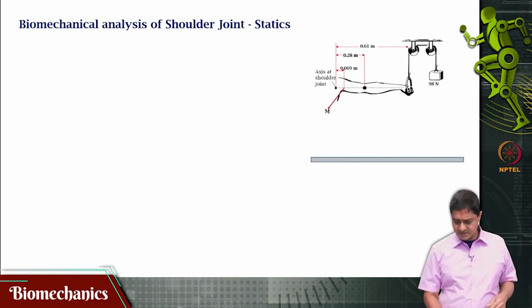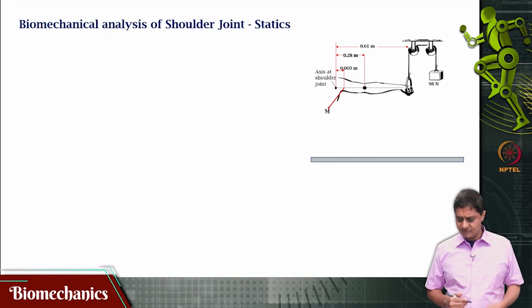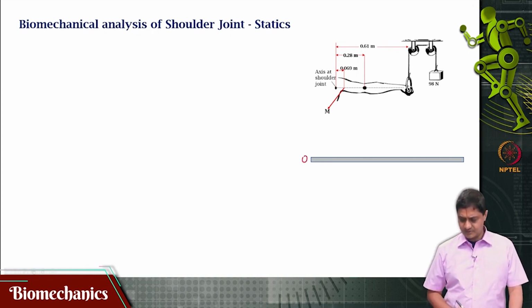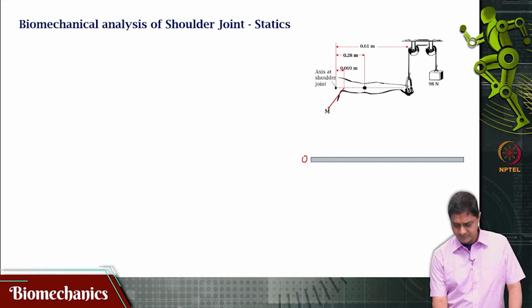That is the situation. Let us try to draw the free body diagram. This is the shoulder joint. I am going to call this point O, and at a distance, let us call that point where the muscle is acting. That angle is 29 degrees.